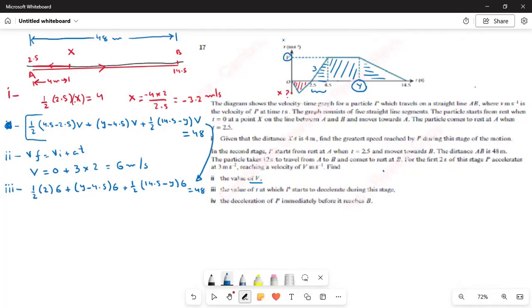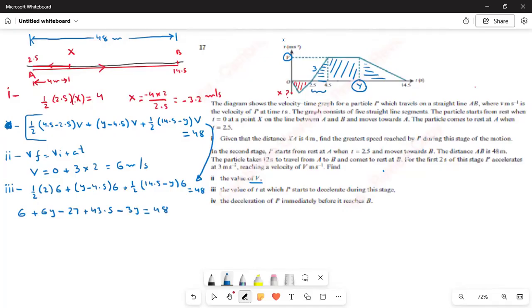Okay, I'm double checking my calculation. This is 6, plus 6Y, minus 4.5 times 6 is 27. This 2 cancels with the 6, so it is 3, so it is going to be plus 43.5 and minus 3Y, equal to 48.